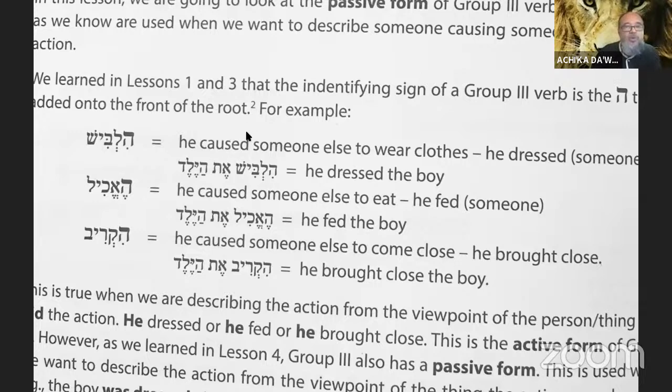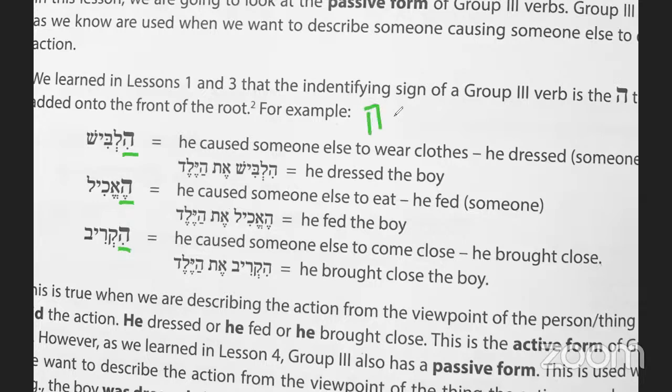What we want to do is always identify what this means. The hey has several meanings. Somebody tell me another meaning of the letter hey from a grammatical standpoint. What does it represent? The. Yes, the.